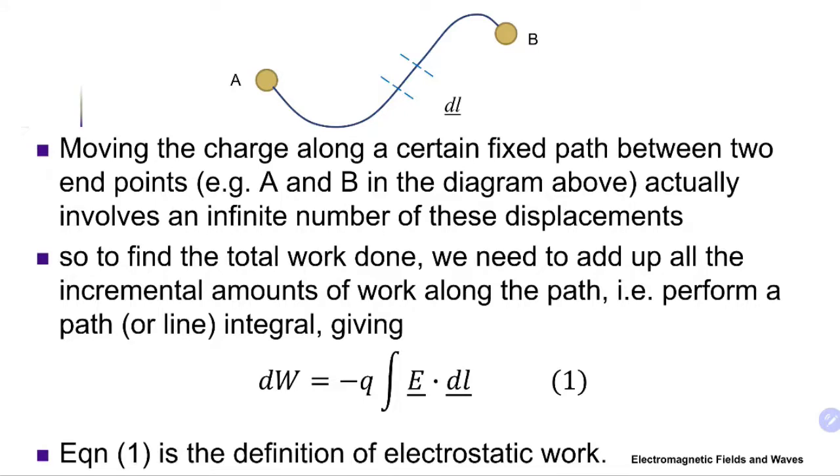So there will be the integral of E dot dl, and I work out what is the work done moving the charge from A to B along this path. So equation 1 defines the electrostatic work done. The electrostatic work done dW is equal to minus Q integral of E dot dl.